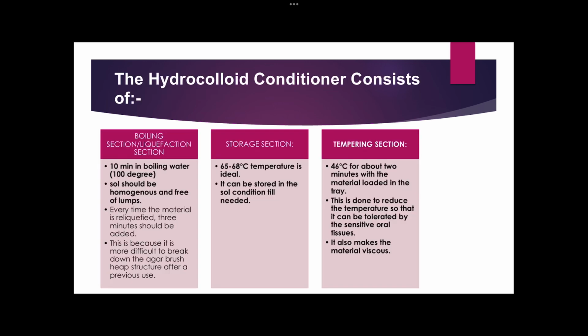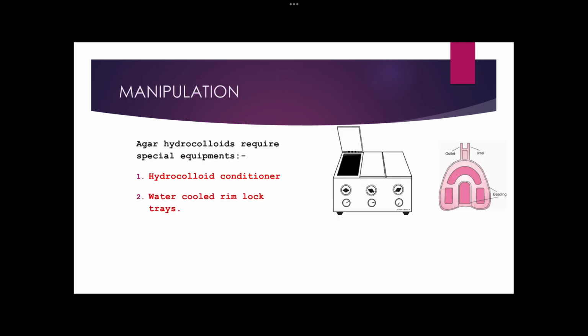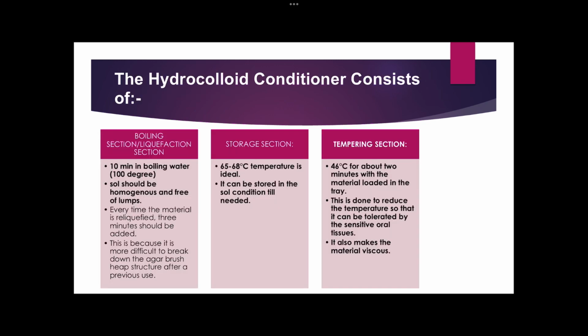Now the hydrocolloid conditioner consists of different sections. As you have seen in the picture, the first section is the boiling section or the liquefaction section. The second is the storage section. The third is the tempering section.